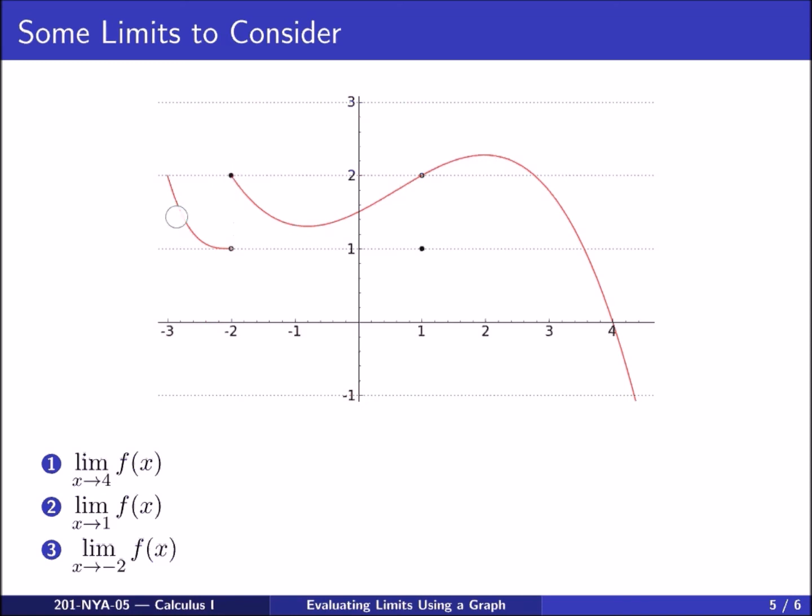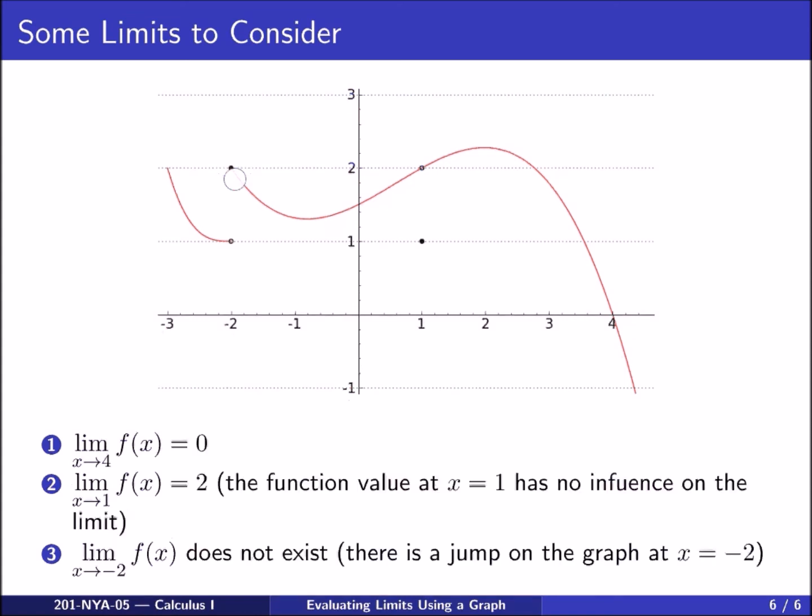So that means that coming from the left, the function values are getting close to 1, whereas coming from the right, the function values are getting close to 2. And because those two numbers, 1 and 2, are not the same, in this case, the value of the limit does not exist.